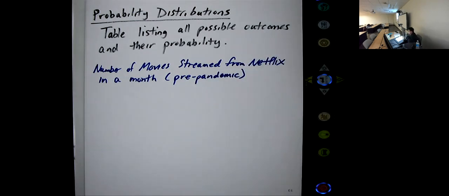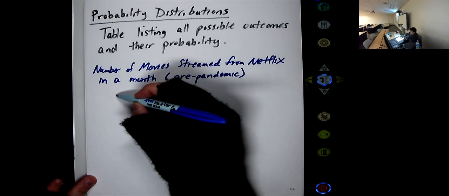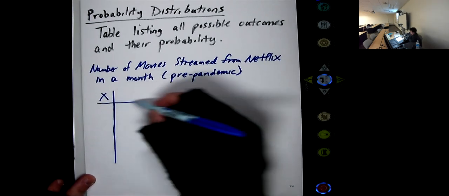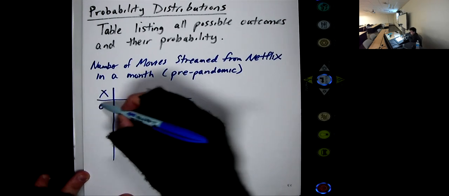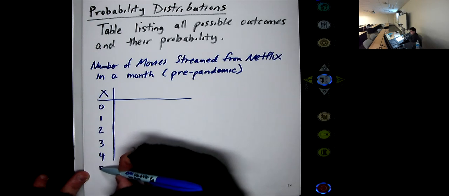And we haven't really given that up yet. The values are 0, 1, 2, 3, 4, and 5.